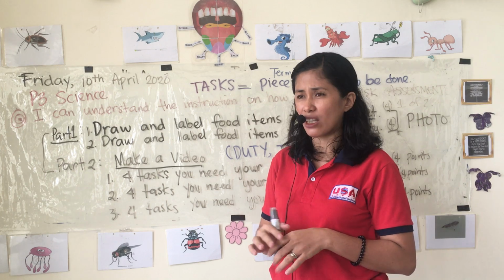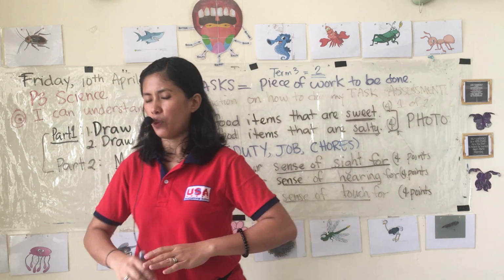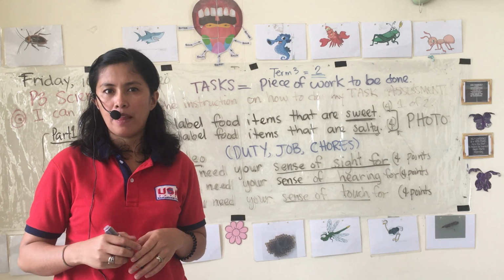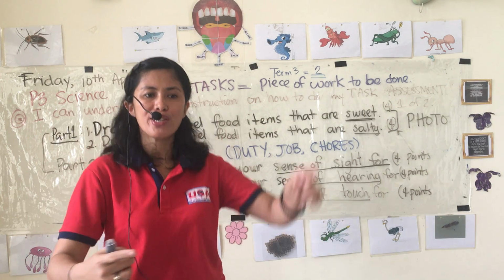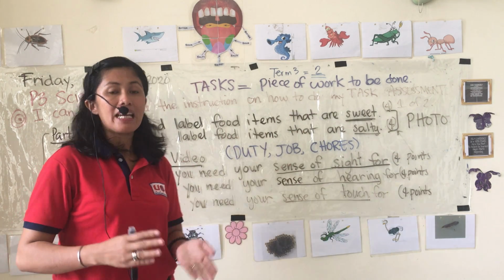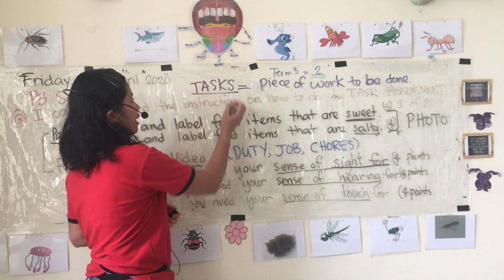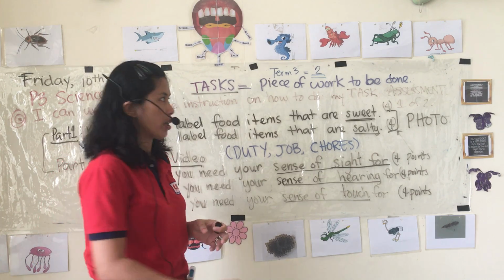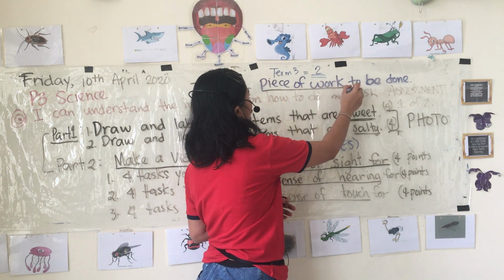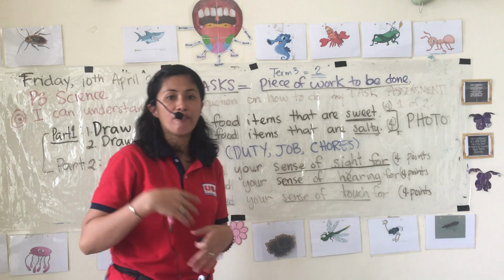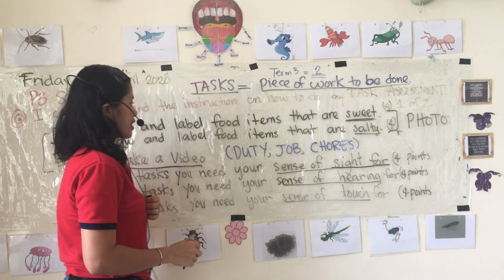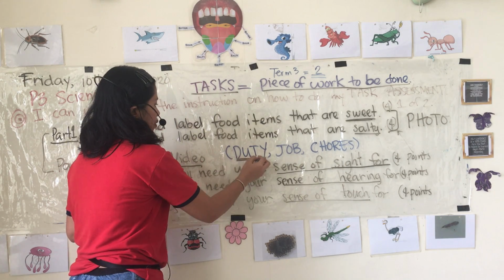You are going to name 4 tasks. When we say task, what is meant by task? My task for you is you are going to make this one, meaning assignment, or another word for task is a piece of work. So an assignment that you have to finish or you have to do. Another word for task is a duty, right?